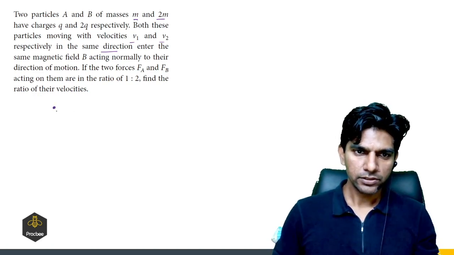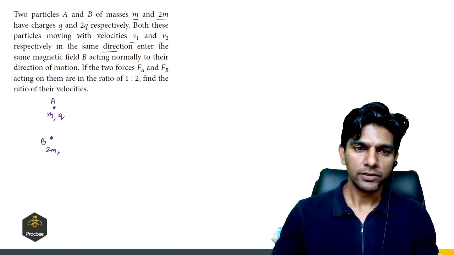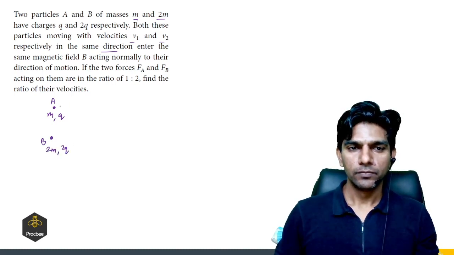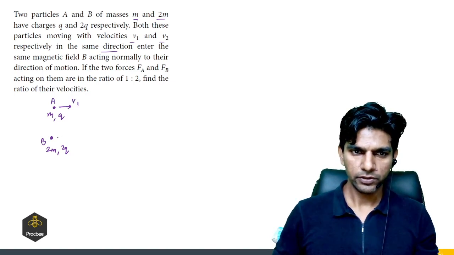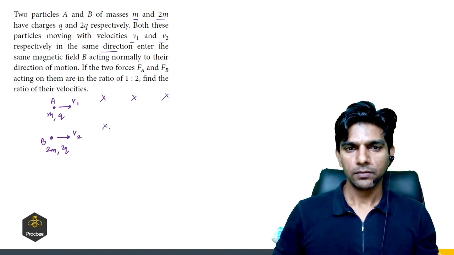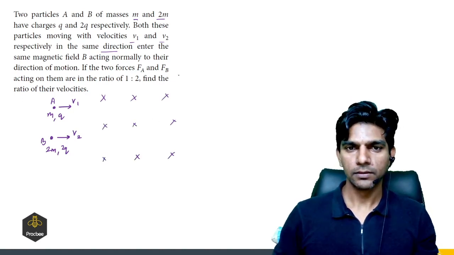So we have two charges: a particle A having mass m and charge q, and a particle B having mass 2m and charge 2q. Let us say they have velocities v1 and v2, and they are entering a magnetic field which is perpendicular to their velocity.